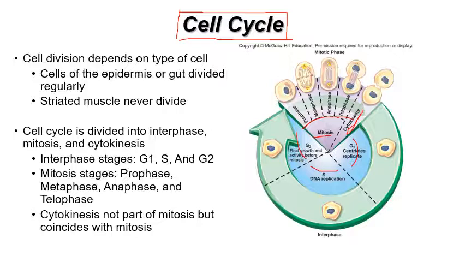For the most part, most of your neurons are not going to divide and replenish themselves. So those cells stay in interphase. The neurons will stay in G1. This is just your normal everyday activities.